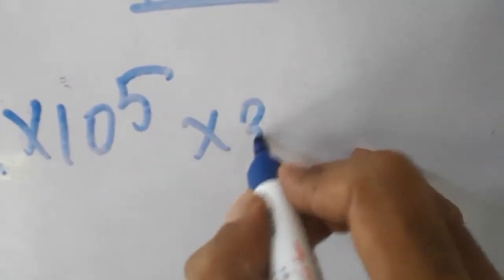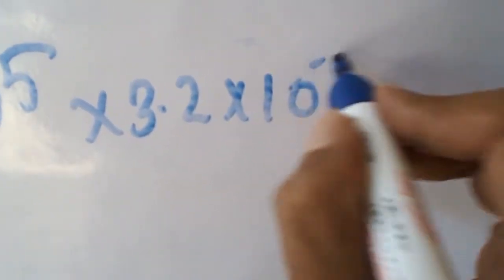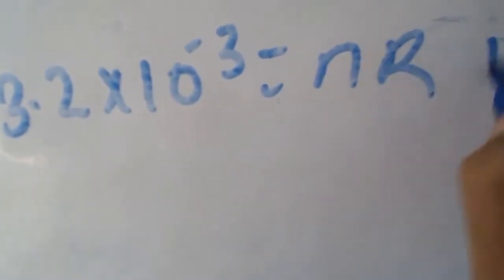2 into 10 to the power 5 times 3.2 into 10 to the power minus 3 should be equal to nR times T. I don't know what the temperature is, so let's divide these.